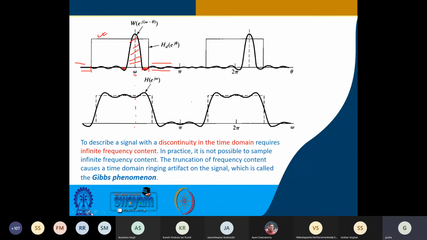Now, if I shift it to the next place over here, so that a bigger part of the negative, more area, goes out of this brick wall, then what do you expect?